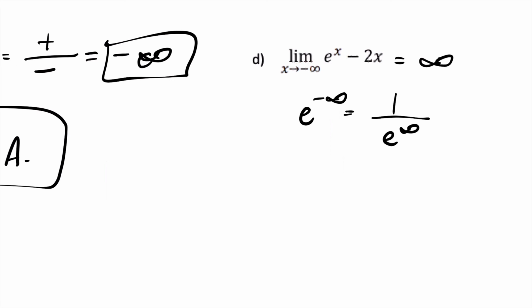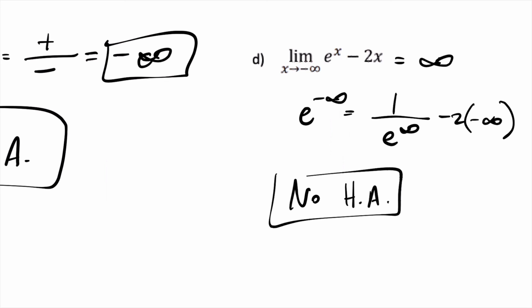So we would say positive infinity. Okay. Since it is top heavy, where are the horizontal asymptotes? No horizontal asymptotes. Good.